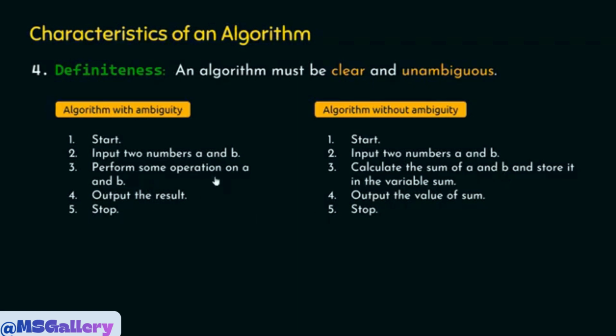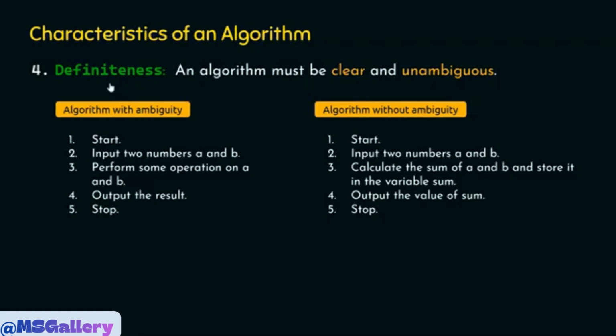Not just some operation, but sum. So this algorithm does not have any ambiguity. We are clearly specifying each step and each step has only one meaning. So with this, I hope it is clear what the meaning of definiteness is. An algorithm must be clear and unambiguous.